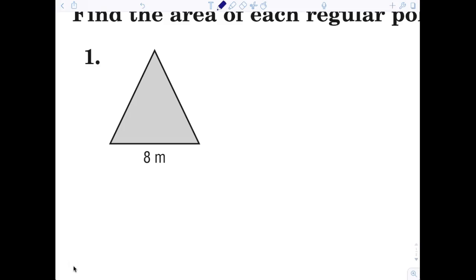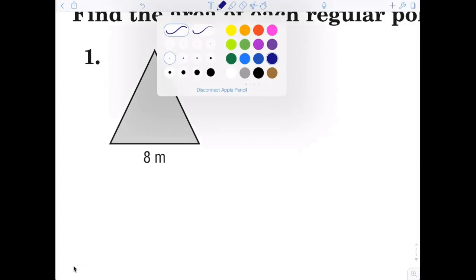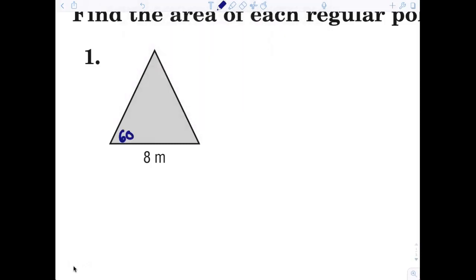It is 4 radical 3 because this regular triangle means that the angles are equal. So if I draw the height, it bisects the angle. So that means this length is 4, which means this is 4 radical 3.